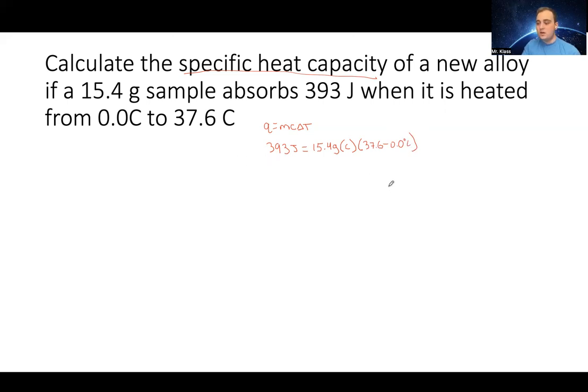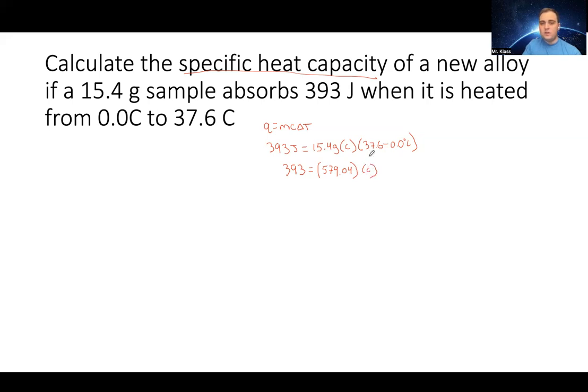So that makes things a lot simpler. So let's simplify this a little bit so we can solve algebraically. So 393 equals 579.04 times c.